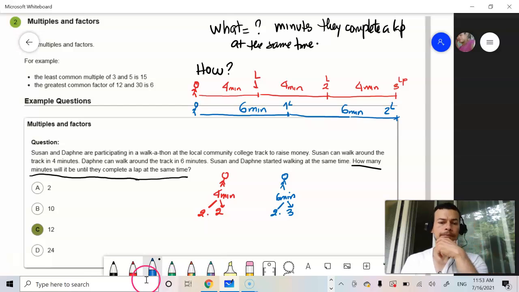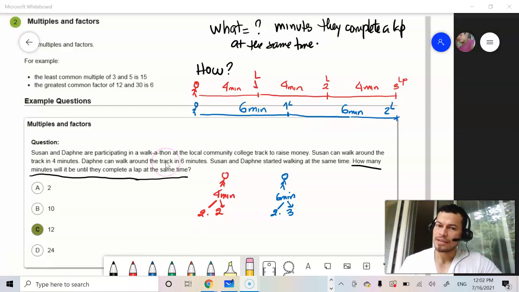Okay, so in this case, because we are looking for the multiple, the number that is divisible by both 4 and 6, we wrote the factors of 4, and we wrote the factors of 6. So now, if a number is divisible by 4, we need 2 2's, right?